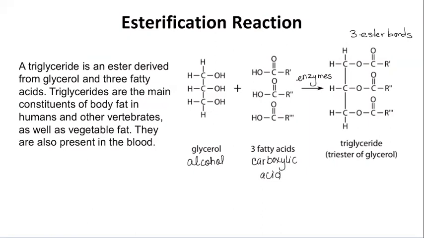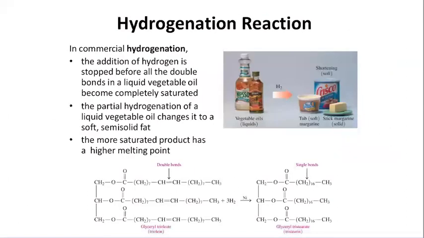Now, triacylglycerols or triglycerides can actually undergo a series of reactions, starting with hydrogenation. And hydrogenation specifically is a reaction that has been done commercially to produce food products like margarine, like shortening.